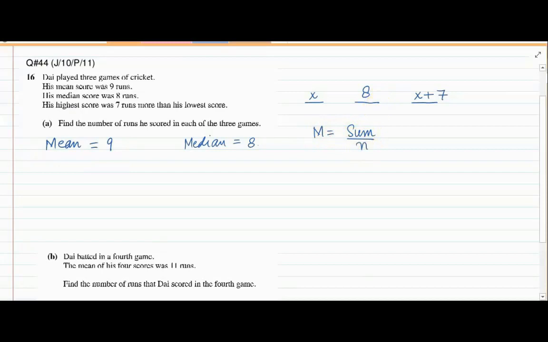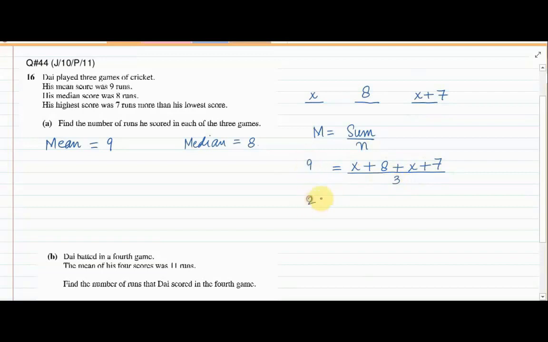If I apply the same concept here, the sum means I need to add all these 3 scores, right? So it will be X plus 8 plus X plus 7, divided by how many games he played. He played 3 games and the mean score we know is 9.